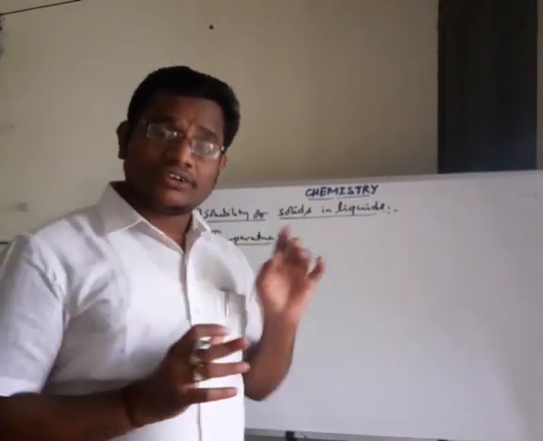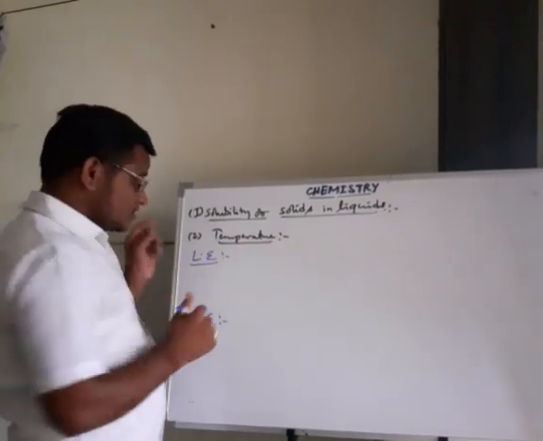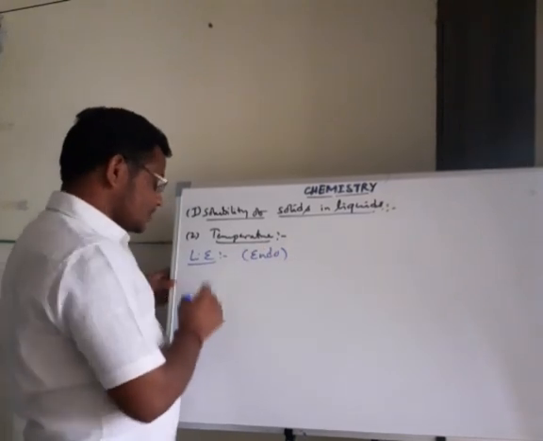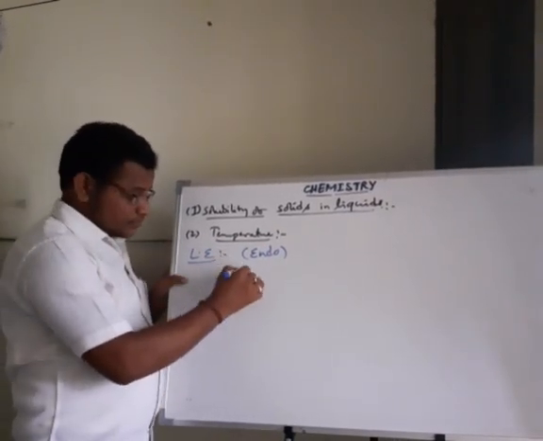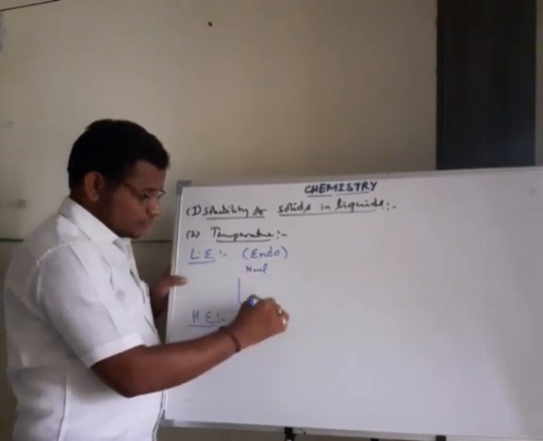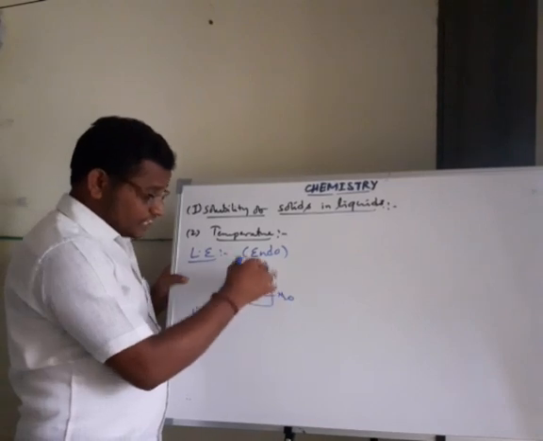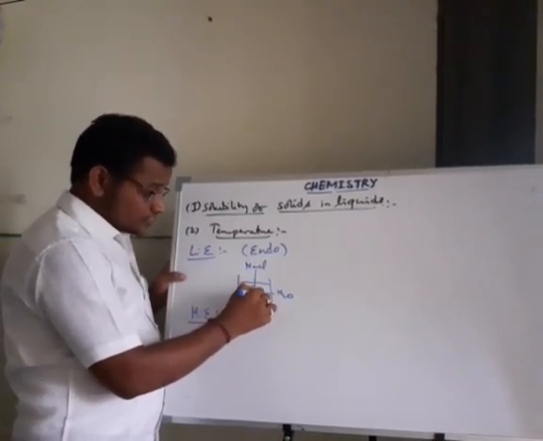Some amount of heat is required, so lattice energy is an endothermic process. See here, NaCl dissolved in water. Some amount of heat is required to separate 1 mole of the ionic compound into its ions.